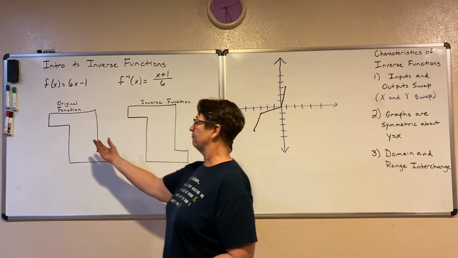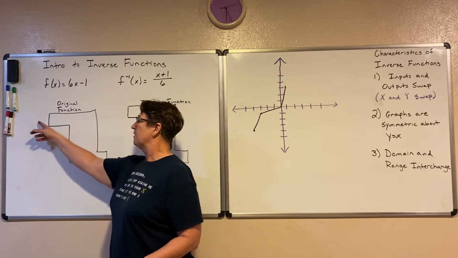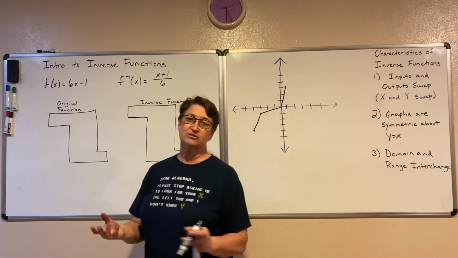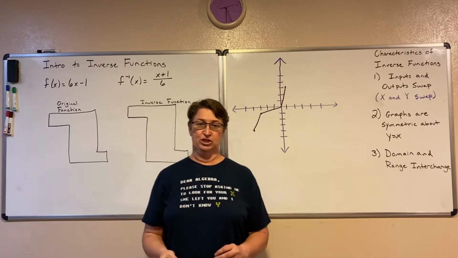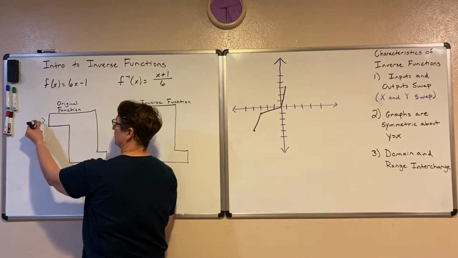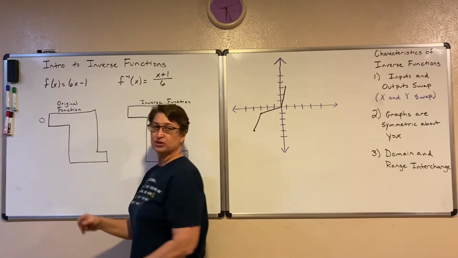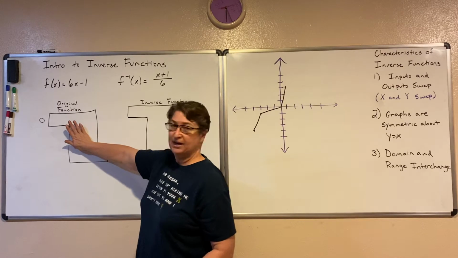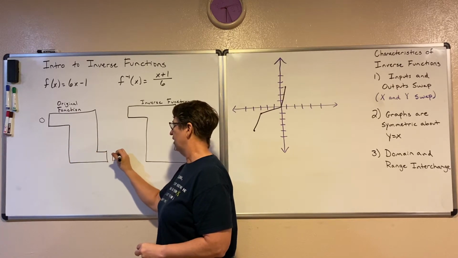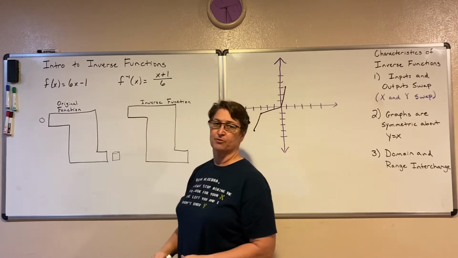So if we have some function and we input a value, I always think of it like Coke machines. If I input my money into the Coke machine, I put the money in, and I push a button, and out comes Dr. Pepper.